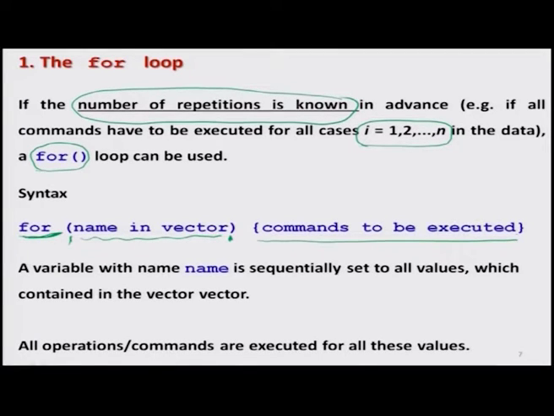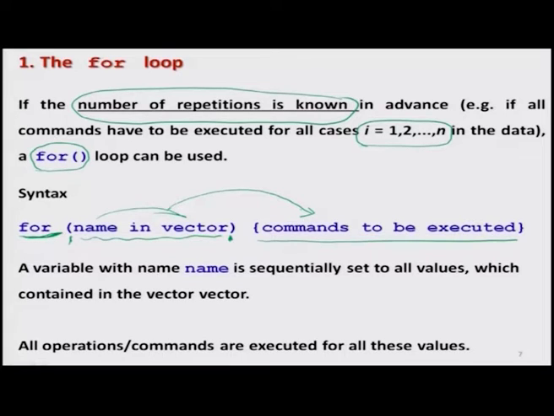And then whatever values are contained in the vector, they are sequentially computed for the statements written inside the curly brackets, and all operations are done whatever we have mentioned.